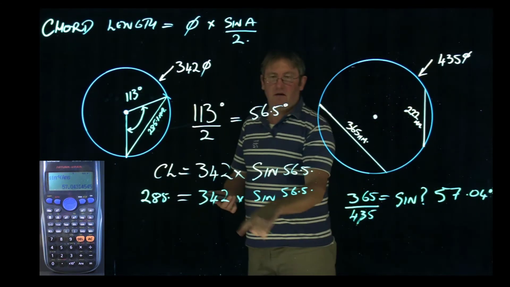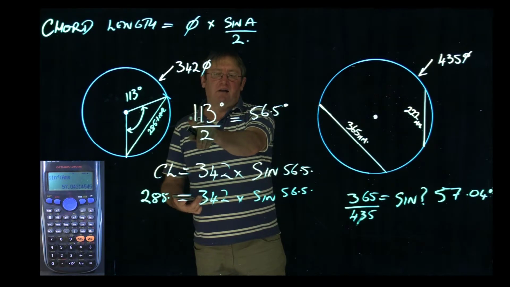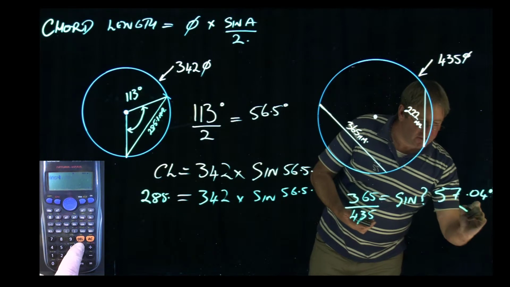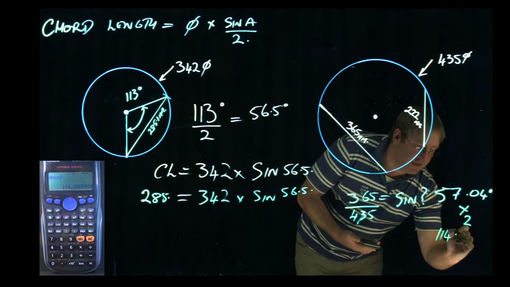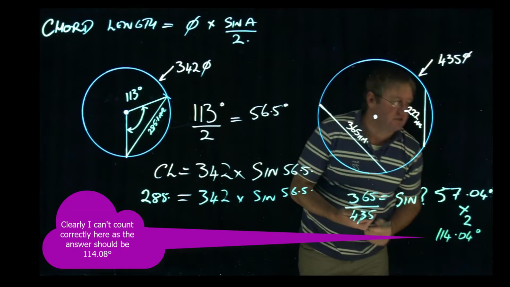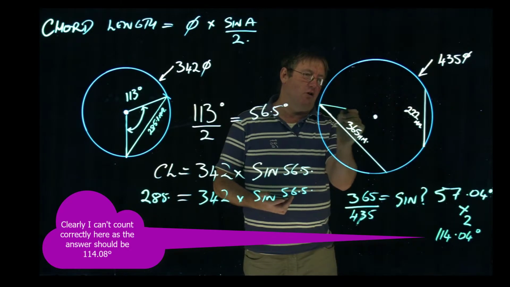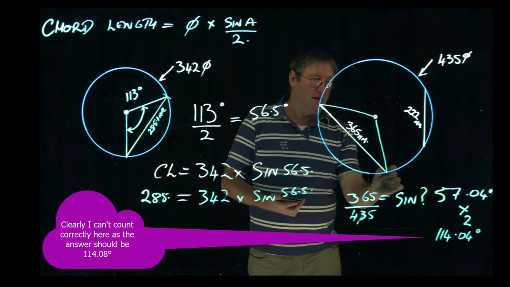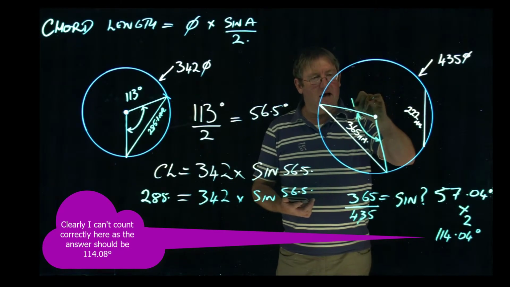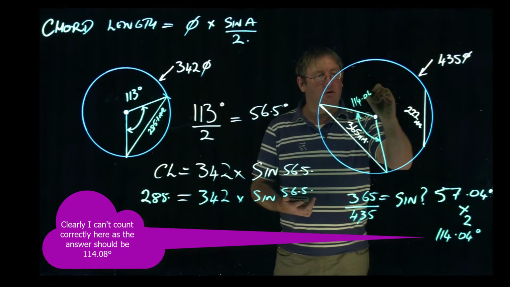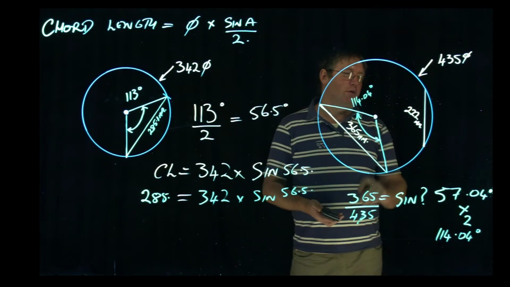And remember, we divided our number by 2 for a start. So in this case, we have to times this by 2. So what we end up with is 114.04 degrees. So this one here, if I take my line back to there and then down to there, this portion in here is 114.04 degrees.